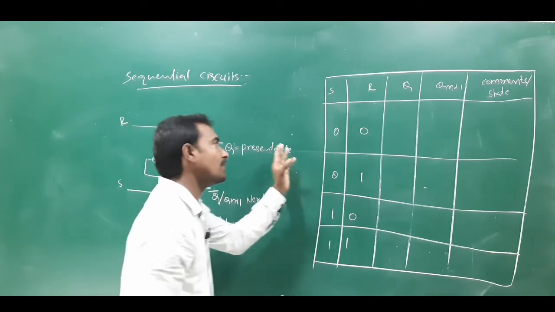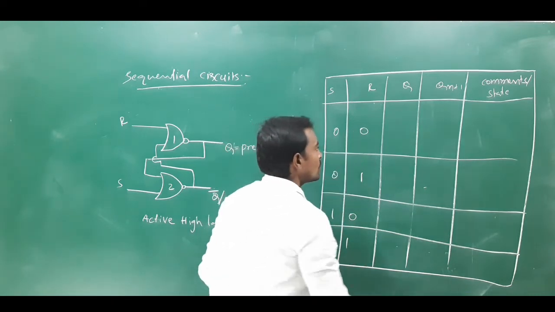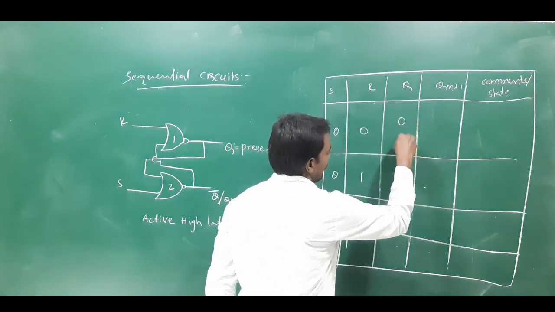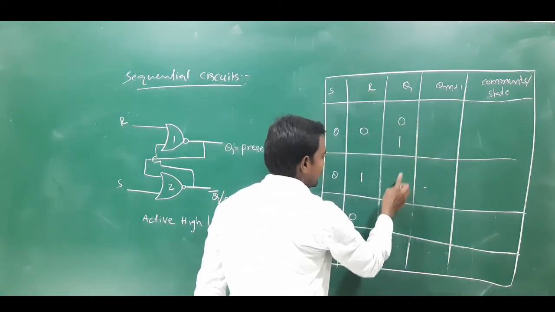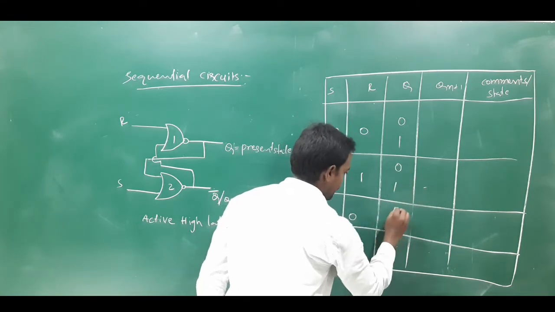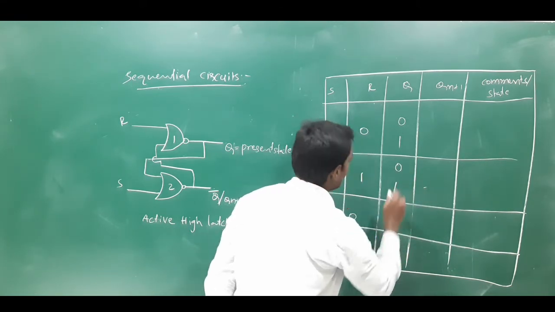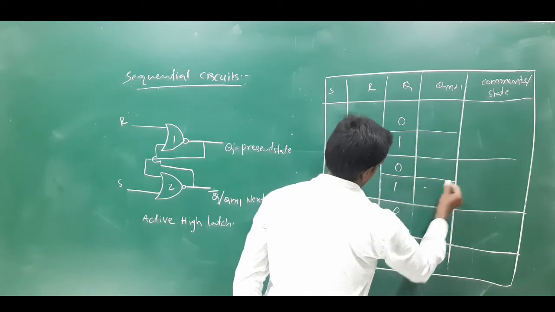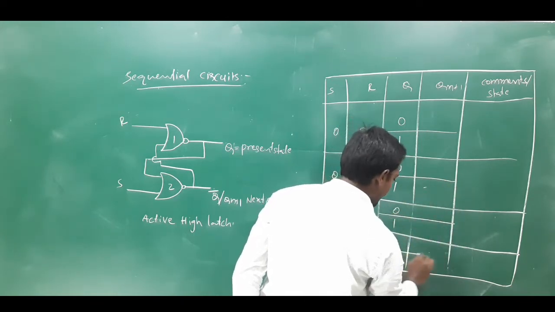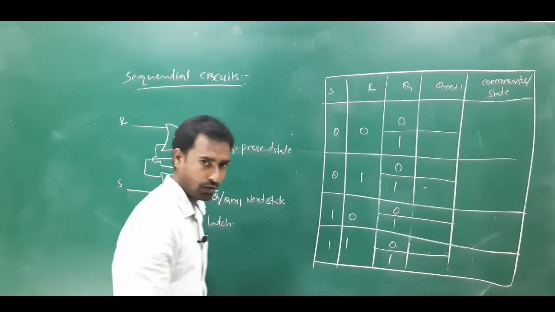So that's why we take Q equal to 0 or 1. For each input we will get different outputs.